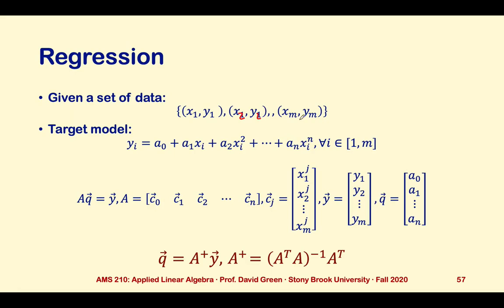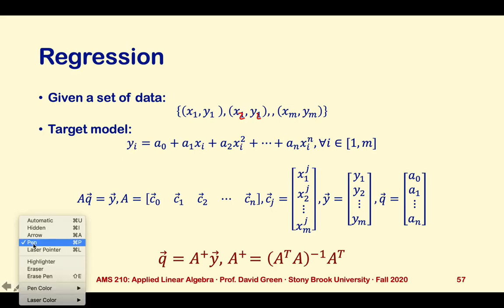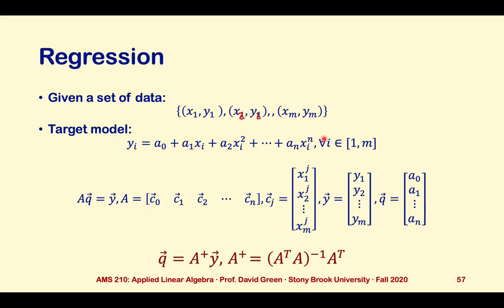So some set of data and a target model where we would like to reproduce the y's as a polynomial in terms of x. That is, some constant plus a constant times x plus a constant times x squared, and so on for as many values as our order of polynomial we want to fit. For a linear fit, we would end after the second term. For a quadratic fit, we would end after the third term, and so on.